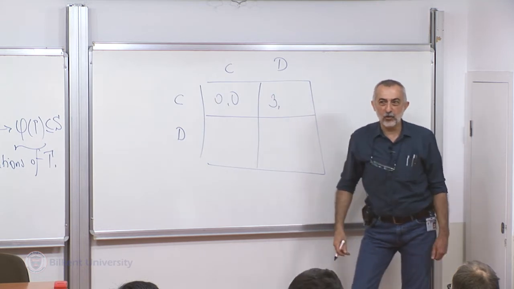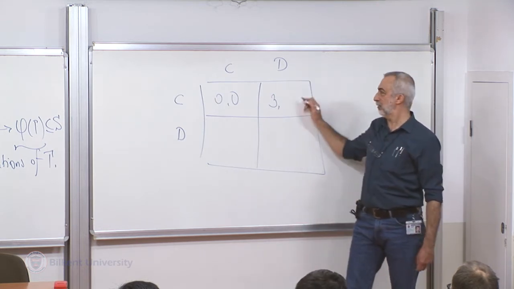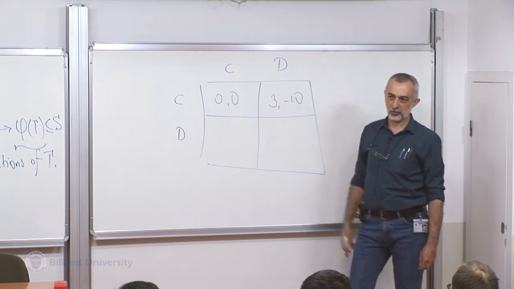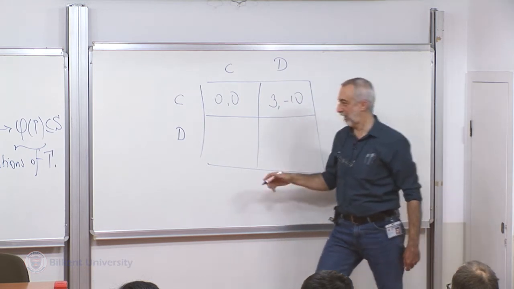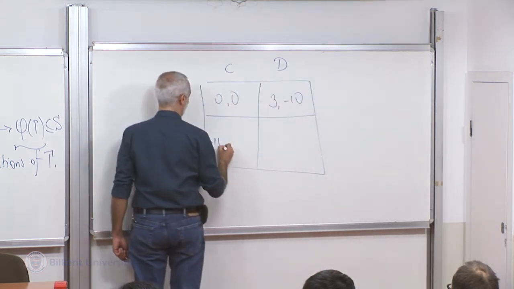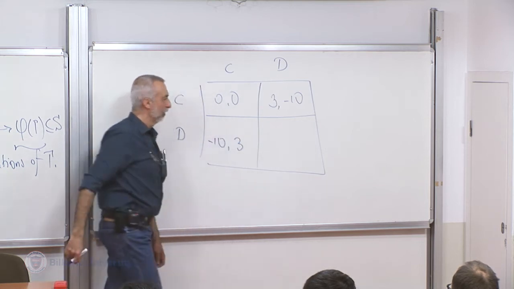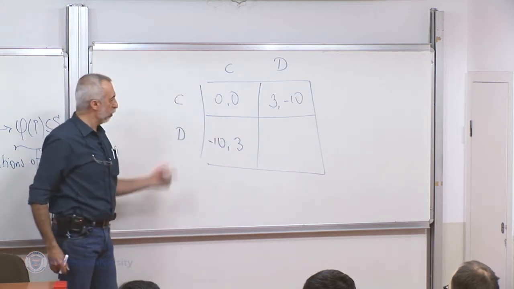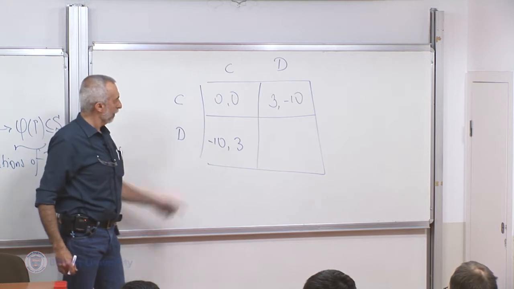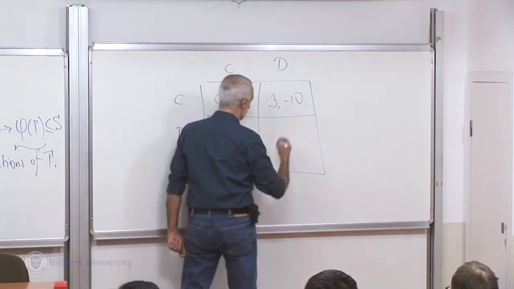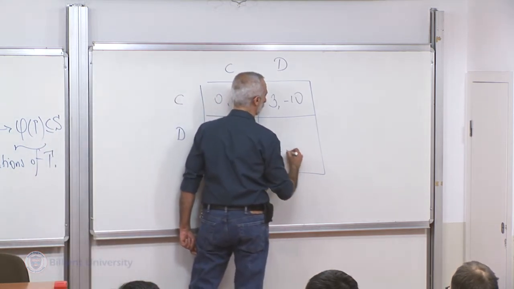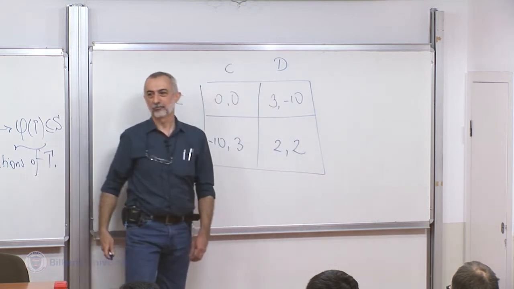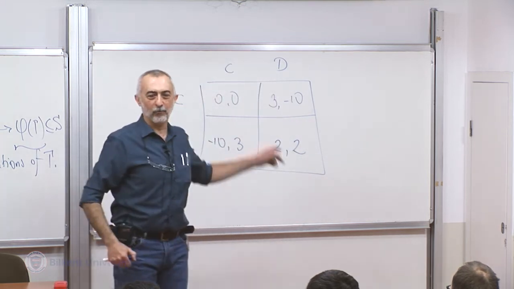And decrease the grade of the student who wrote D by 10 points. And vice versa. If they both wrote D, I will increase their grades by 2.